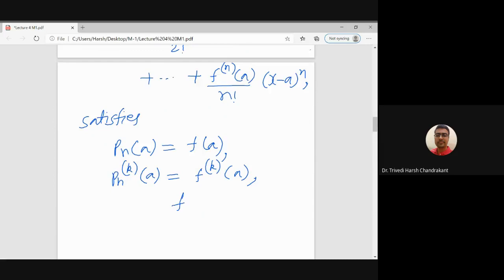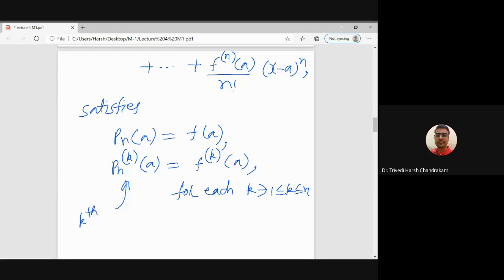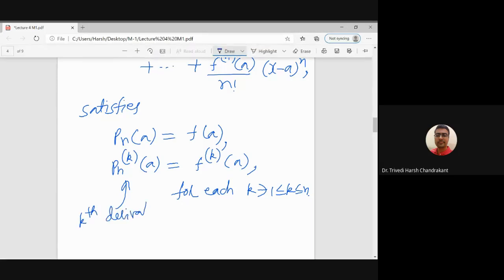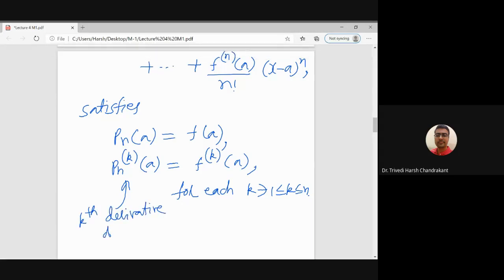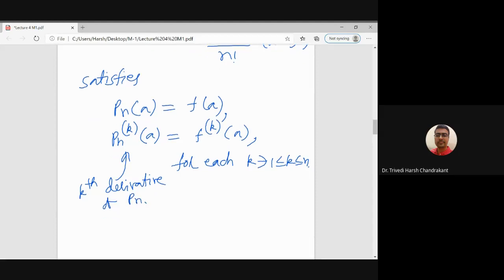This is true for each k such that 1 is less than or equal to k less than or equal to n. This symbol is the kth derivative of polynomial Pn. You can check for k equal to 1, k equal to 2.